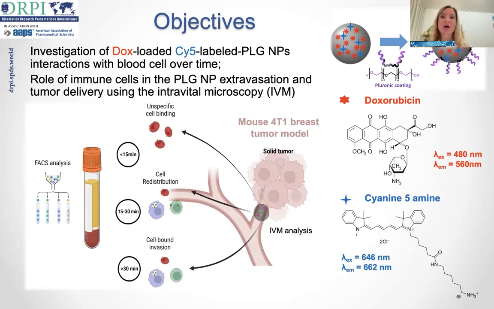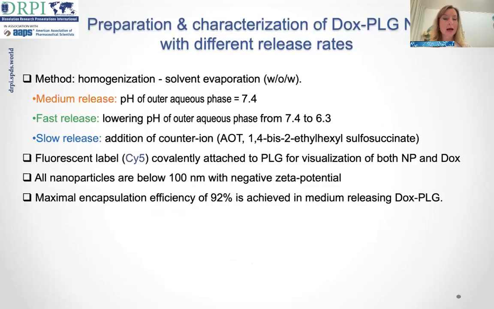For the visualization of both nanoparticles and released drug, doxorubicin, the nanoparticles were covalently labeled with Cy5 fluorescent dye, so that the fluorescence emission spectra of Cy5 could be well distinguished from that of the doxorubicin. Taking into account that drug release profile may significantly alter nanoparticle parameters as well as targeting capability, 3 different fluorescently labeled PLG nanoparticle prototypes were prepared.